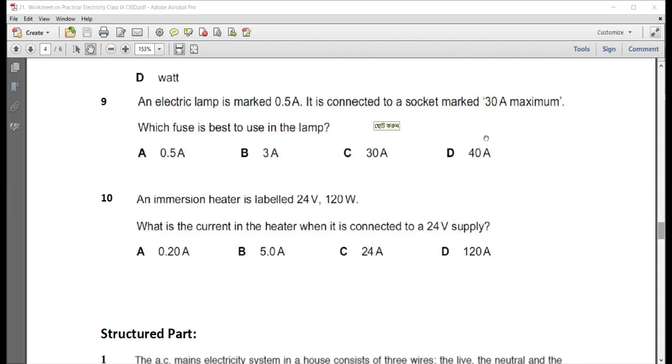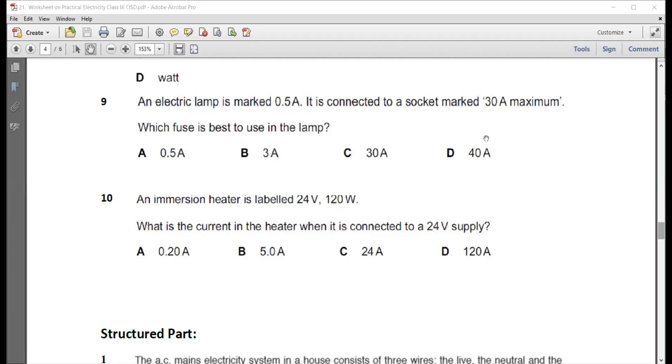Okay, I understood from your side what you want. I already made the question paper with the MCQ and structured parts. But if you want it this way, then I will make all the MCQs again.